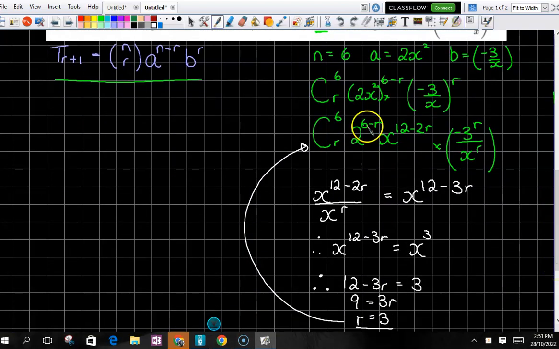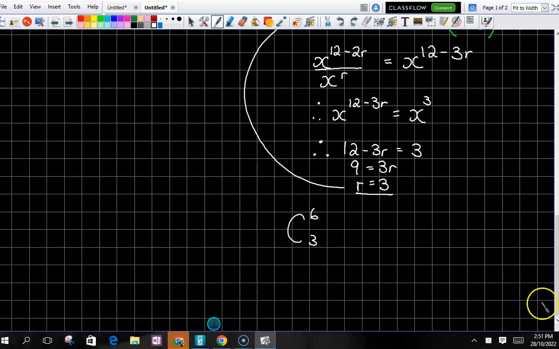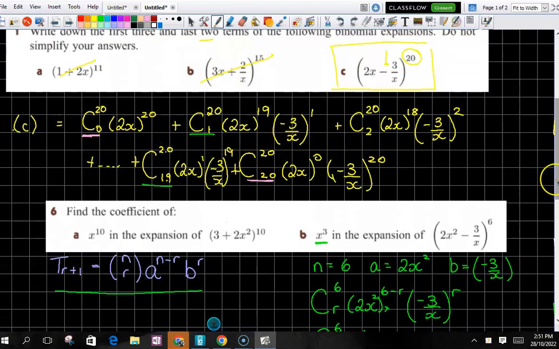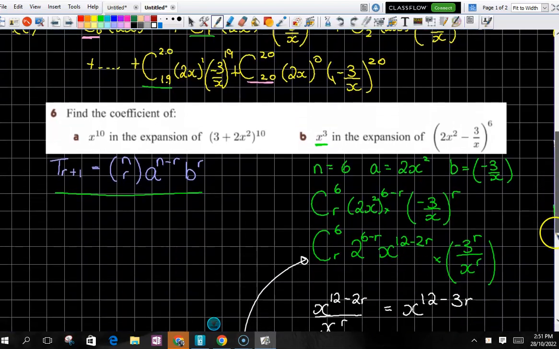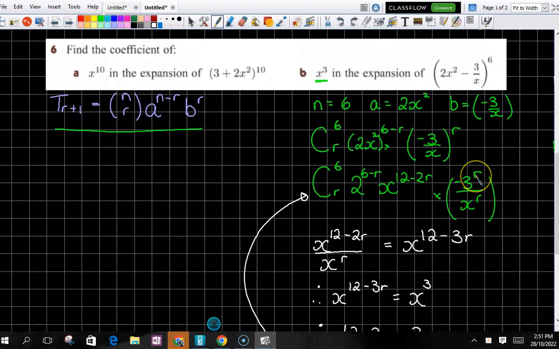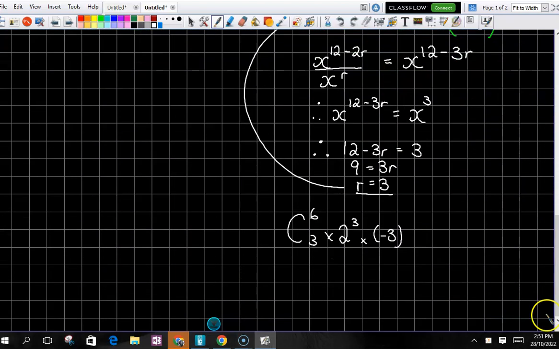We had 2 to the 6 take r, but r is 3, so 2 to the 3, and then we had minus 3 to the r. So that'll be to the 3. Pop that in your calculator, and you've got your coefficient of x cubed. I like that question, but Laurie's is the best.